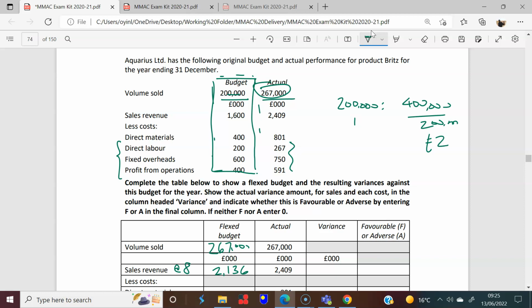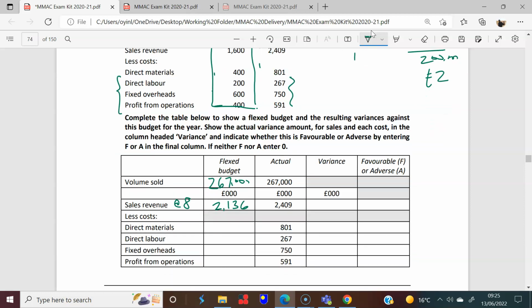So for 267,000 units, multiply that by 2, and I'm expecting you to spend 534,000. Let's look at labor. That's equal, 200,000 as well. So pound per unit is what you're expected to spend, and therefore for 267, I'm also expecting 267 as well.